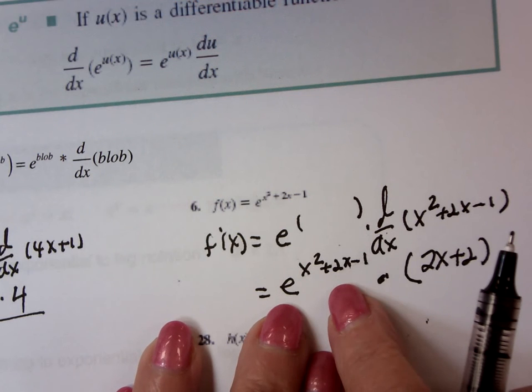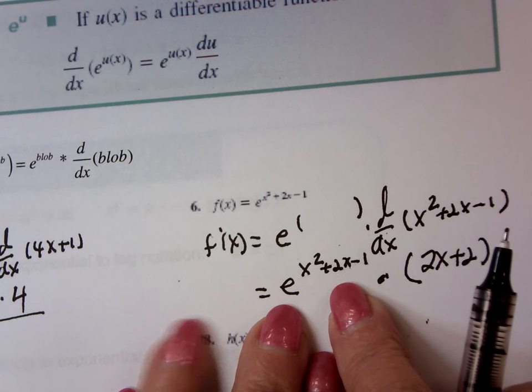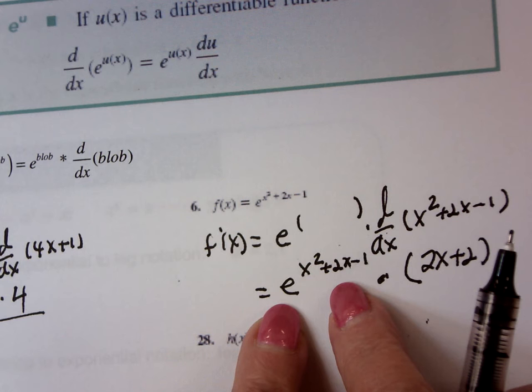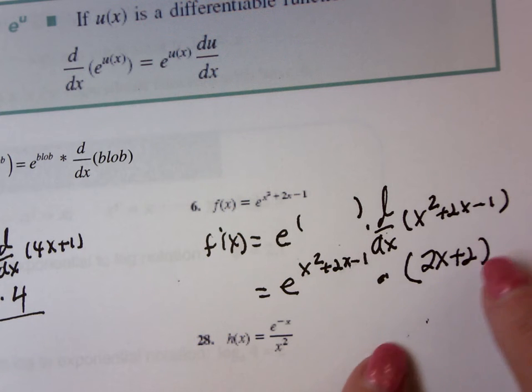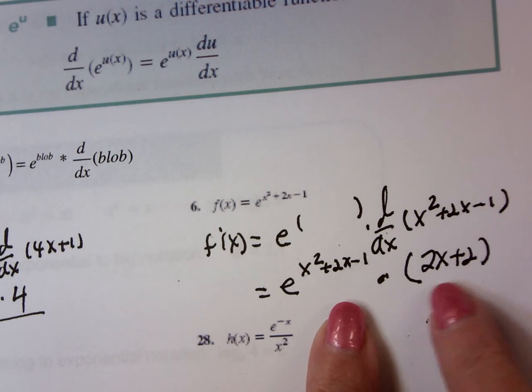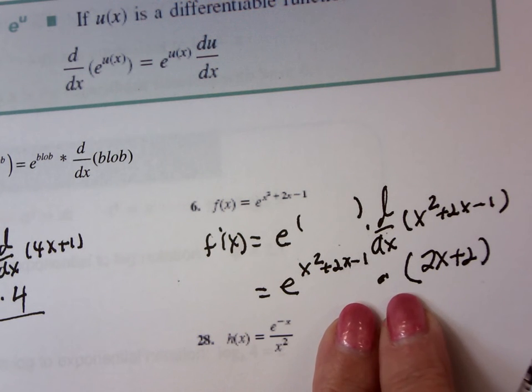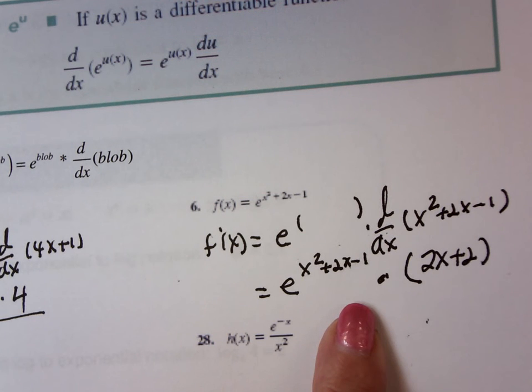But e to the blob is never 0, because it has a horizontal asymptote. So it's never 0. It's always positive. However, the only thing that you need to worry about setting equal to 0 is the 2x plus 2. That's where your zeros are going to come from. It's going to come from the derivative of the blob. Cool. It's a cool thing about e.